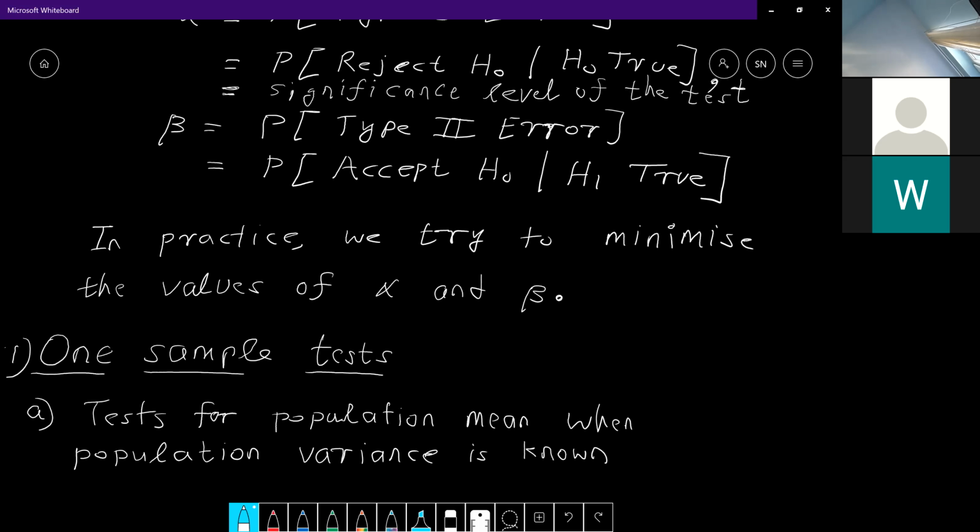I'm trying to test for population mean. I will explain in a minute what I mean by this.